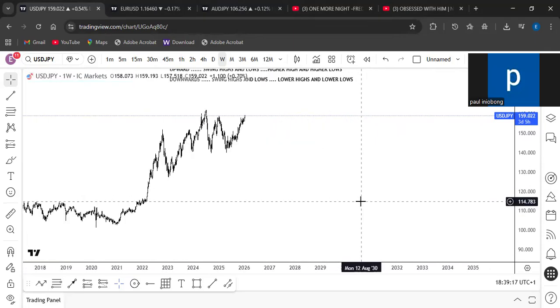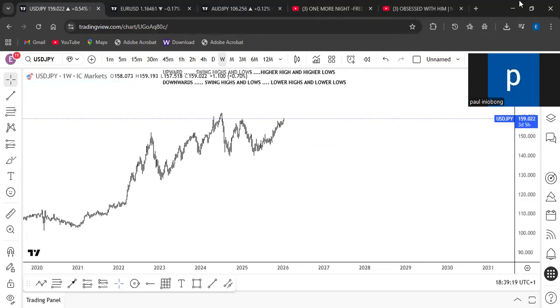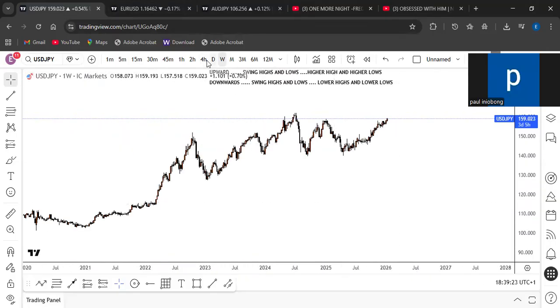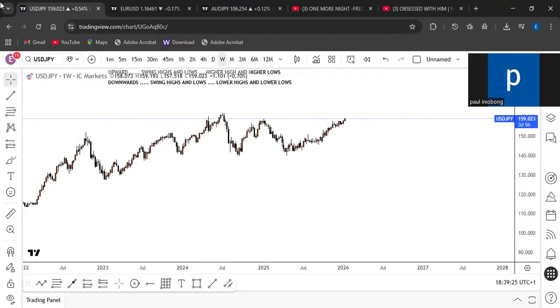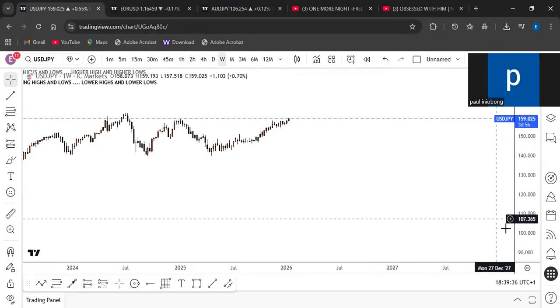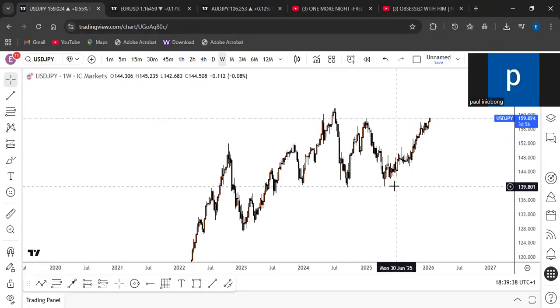That's the first thing you should do. So you come to your higher time frame, maybe your weekly or your daily. I wouldn't suggest you go beyond the weekly and daily, but if you want to go beyond, still fine with me. So look at what price is doing. What is price doing currently?